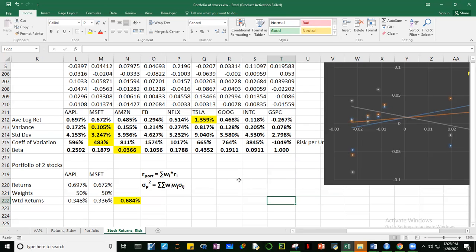Ito yung formula, no? Wi, Wj, sigma ij. Okay? So, medyo mahaba-habang discussion to, so I'll suspend the discussion for a while. But let me just highlight the formula. So this will be W1 squared.